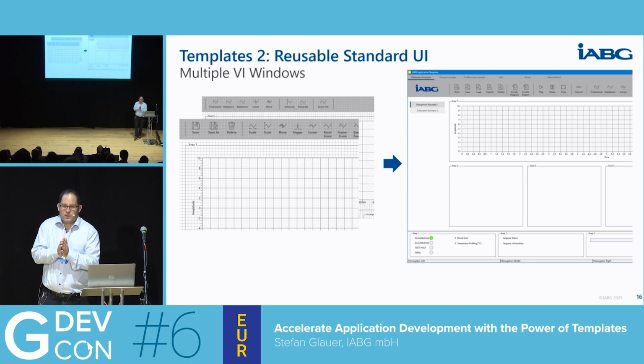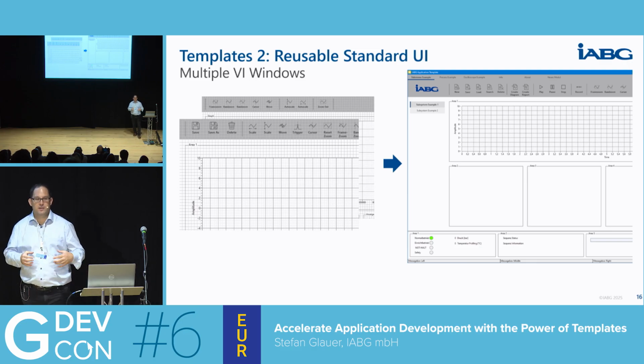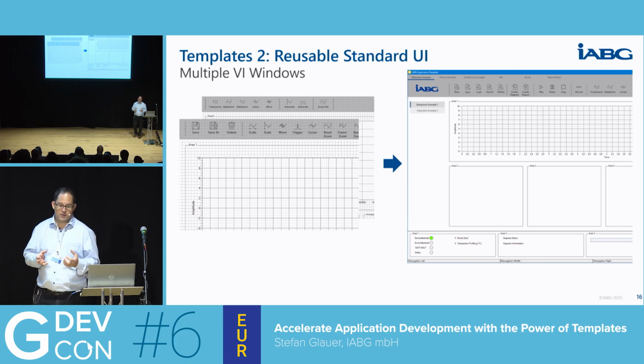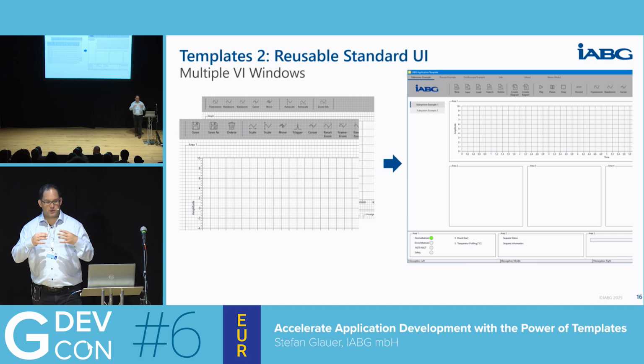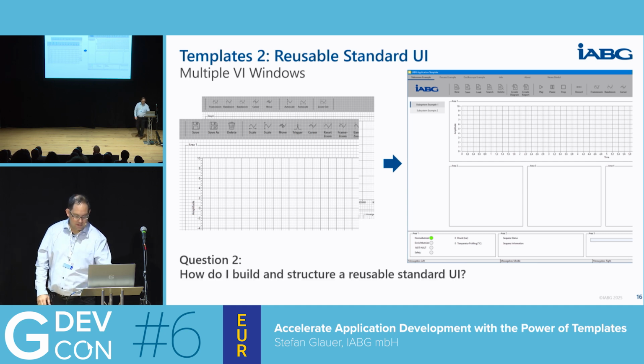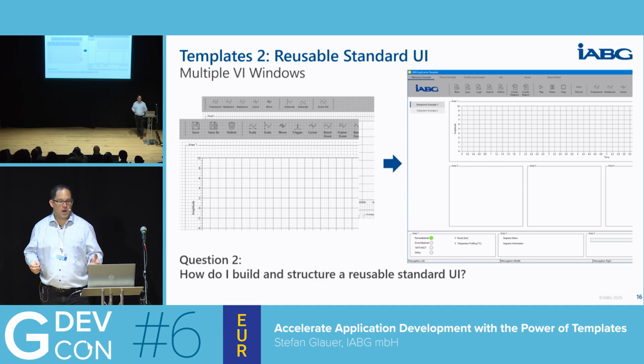So it should be possible to combine several of these front panels into a bigger picture. We had our standard user interface, which you see on the right, that we used all the time, but it was not that reusable before. So the second question we asked ourselves: how do we build a reusable standard user interface?